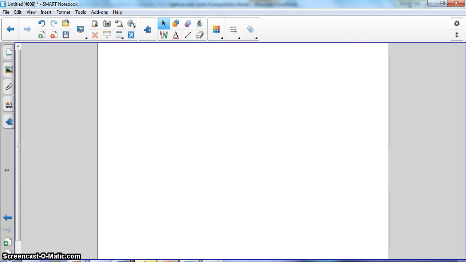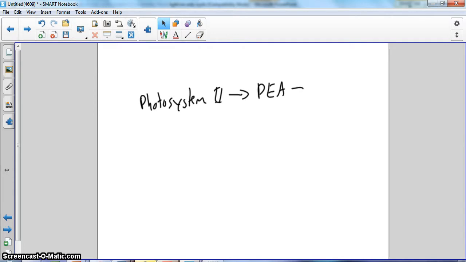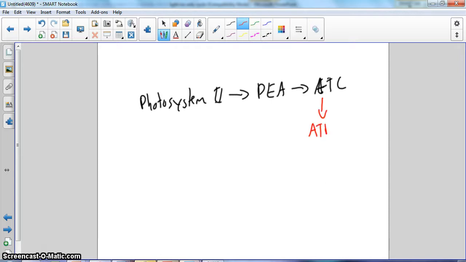If we were going to trace the path of electrons, I just went to a blank slide. You can write this wherever. The electrons start off in Photosystem II. Then they end up in a primary electron acceptor, and then they travel down an electron transport chain. During the electron transport chain, they make ATP, and that process we're going to look at in detail on Wednesday.